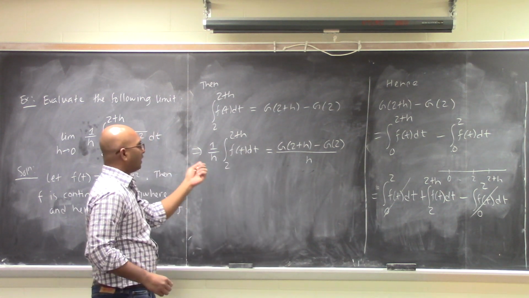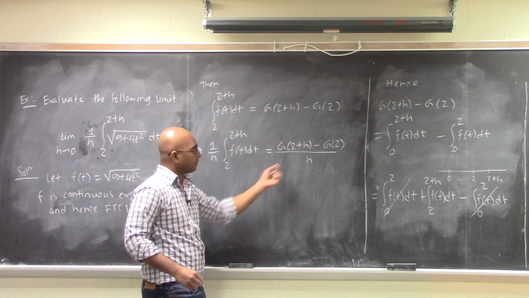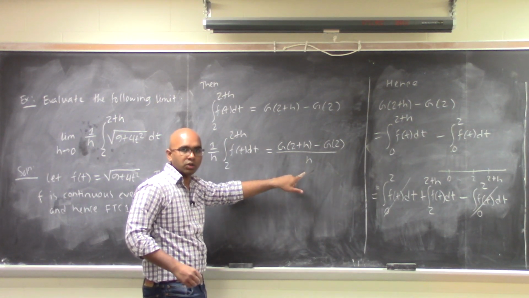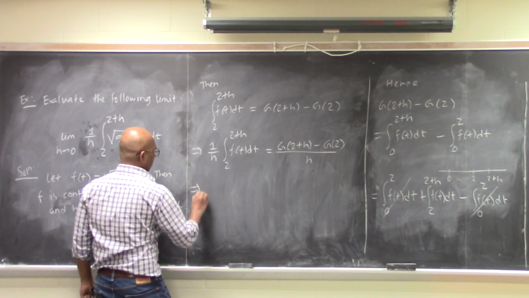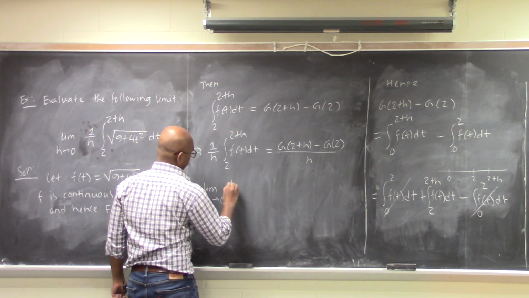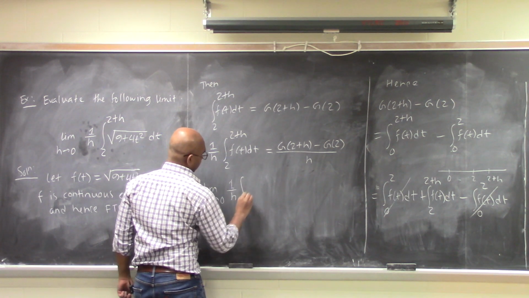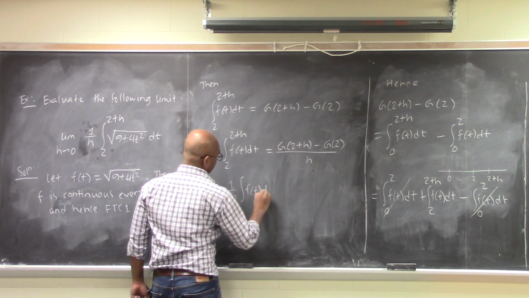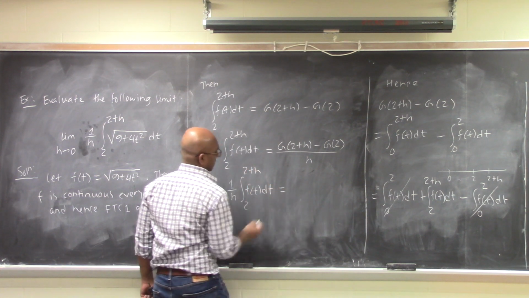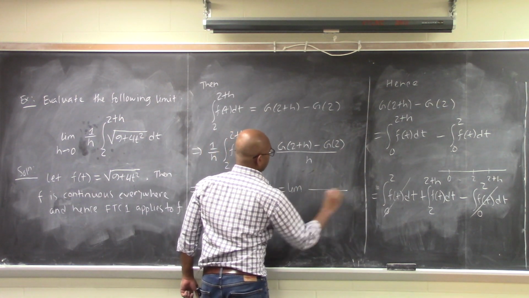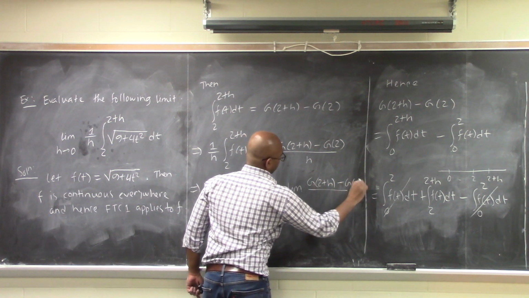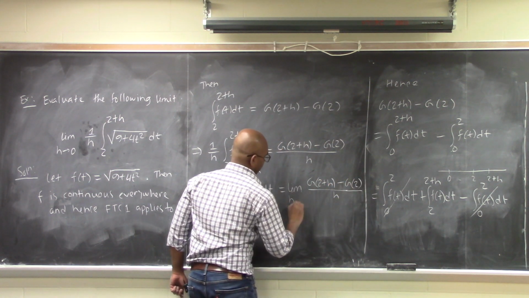And then if we take the limit as h approaches 0, this becomes the derivative of capital G at 2. So that means the limit as h goes to 0 of 1 over h times the integration of f of t from 2 to 2 plus h is the limit of g of 2 plus h minus g of 2 over h as h approaches 0.